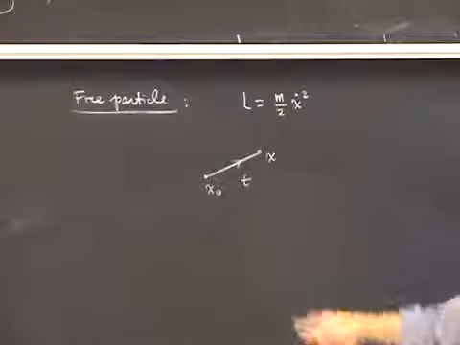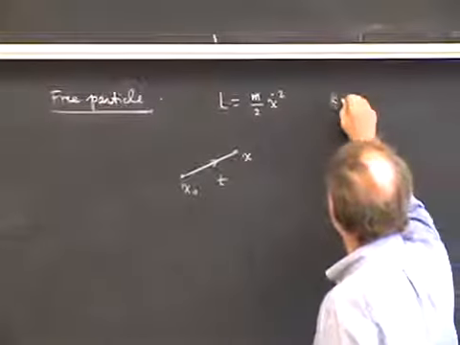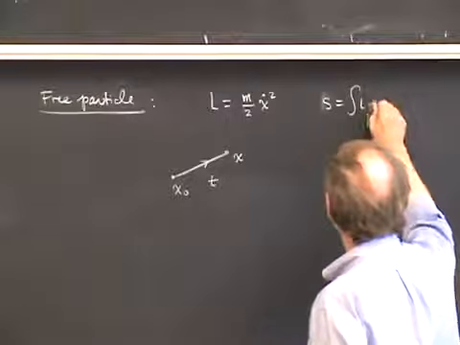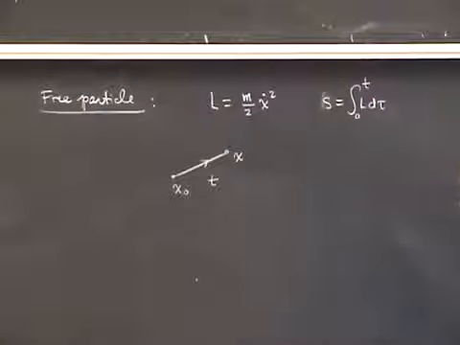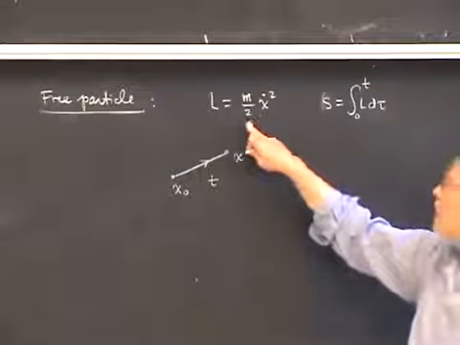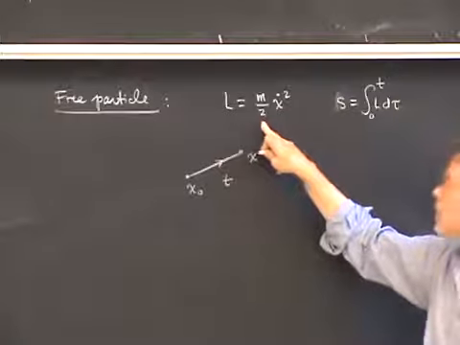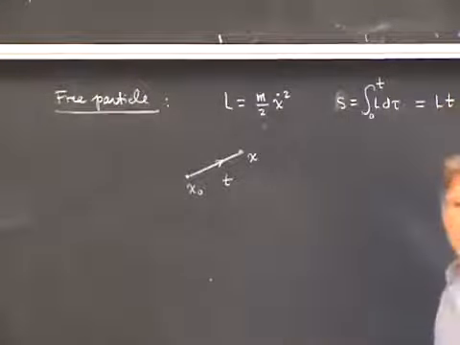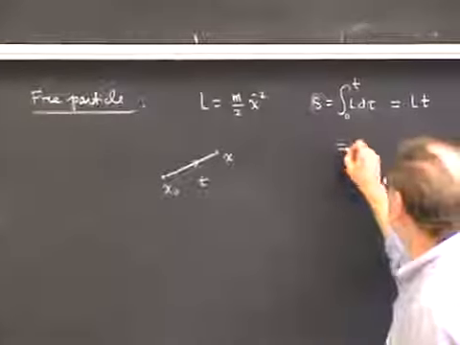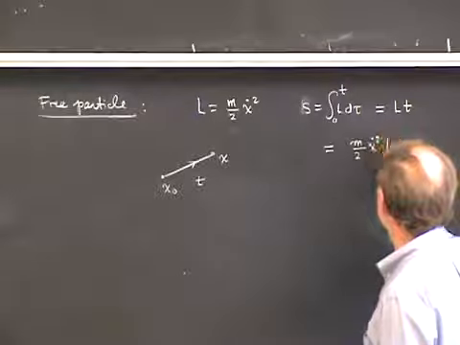And so the action, which is S, the integral of L dt, or L d tau from 0 to t, is easy to evaluate in this case because the Lagrangian is the same as the kinetic energy, which is constant on the classical path. And so this is just equal to the Lagrangian times the elapsed time. That's all there is to it. But that's the same thing as m over 2 x dot squared times the elapsed time.